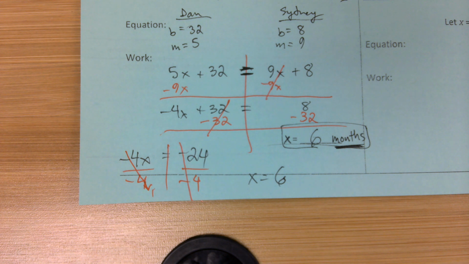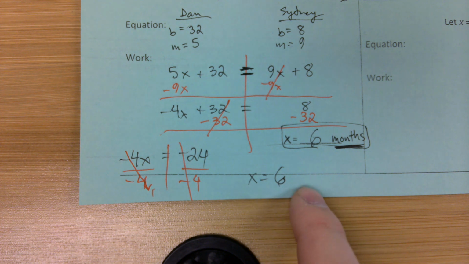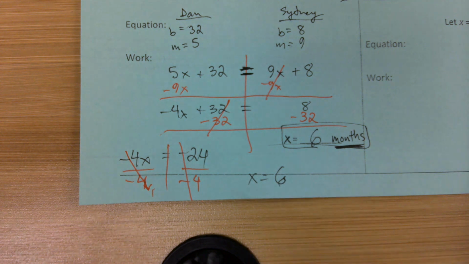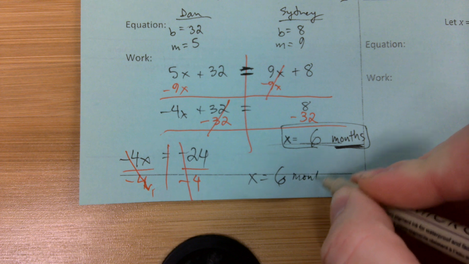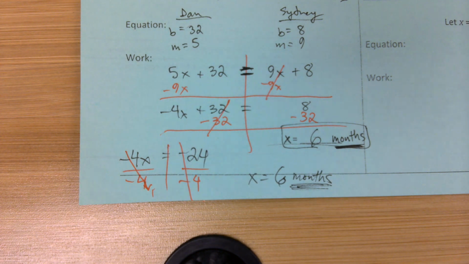Didn't even have to remember to write our units on the end because we did that at the very beginning of the problem. I saw a whole lot of x equals 6's and not a whole lot of x equals 6 months. You need to include the units or I will actually take a point off for that. You must include the units when you're solving a word problem. Okay?